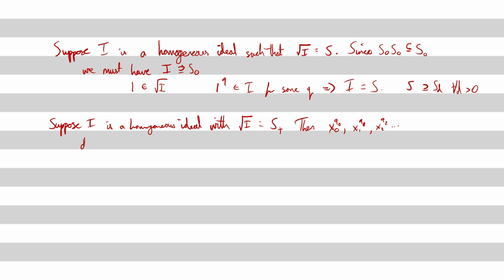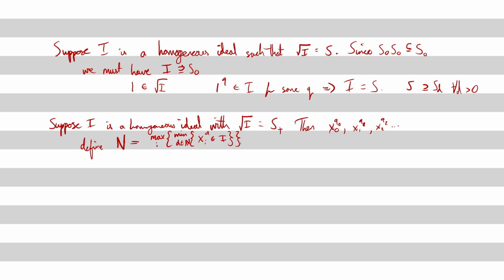Now, define some capital N to be the maximum over i of the minimum over d such that xi to the d is in I, where d is within the natural numbers, and i equals 0 to n.